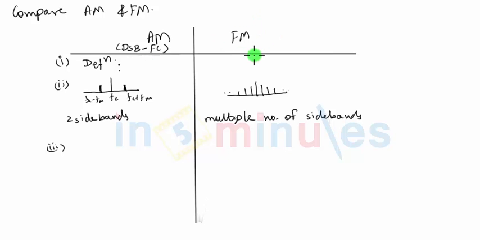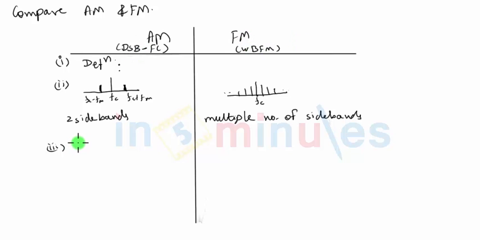In case of FM, whatever we write, we will mainly write it for wideband FM because narrowband FM is very much similar to AM in terms of number of sidebands and bandwidth, etc. So when we say there are multiple sidebands, and yes, all the sidebands will be around the carrier frequency, that's the case in wideband FM. So by default on the FM side, we will write points for wideband FM. This you may not mention, it is a comparison between AM and FM only. This is just for our understanding.